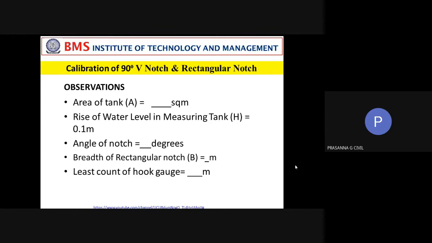We are using a 90-degree V notch, but for any other angle, the angle has to be taken accordingly. The breadth of the rectangular notch gives you the value of the breadth to be included in the formula to calculate the theoretical discharge. The least count of the hook gauge that is being used to record the head over the notch.